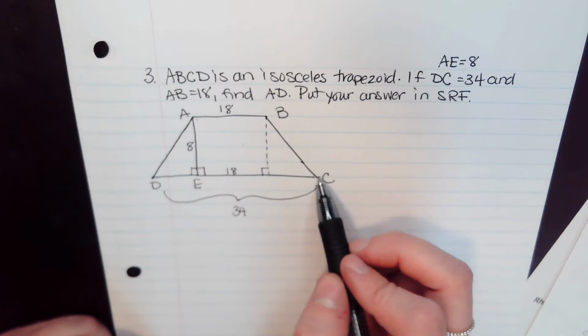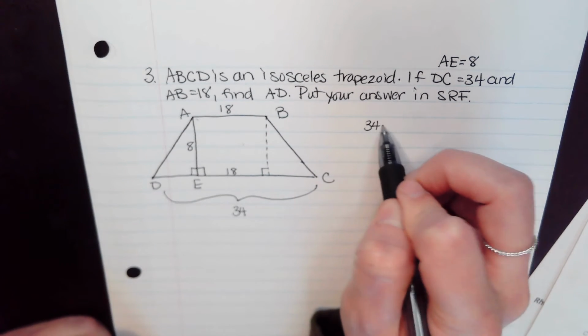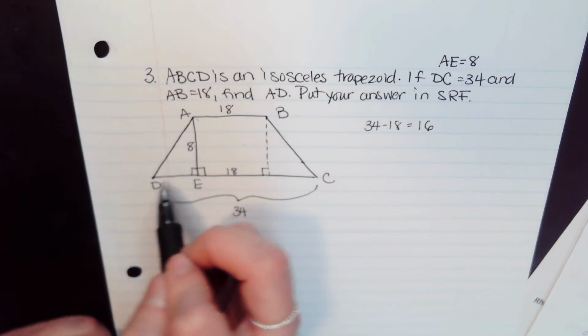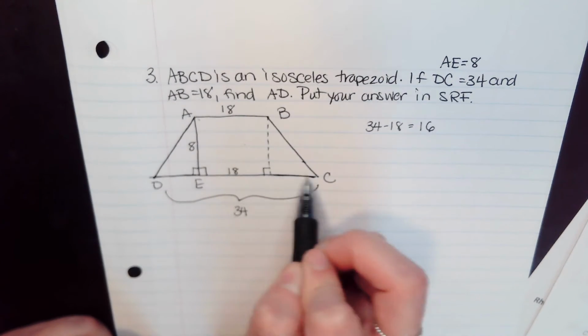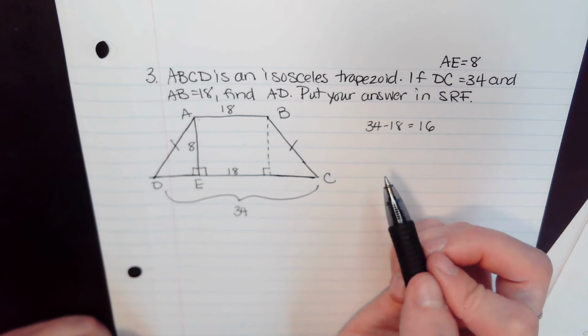Well, if I have 34 along this whole thing, and I subtract that 18, I'm left with 16. So I have 16 to divide between here and here. Now we were told this was an isosceles triangle.